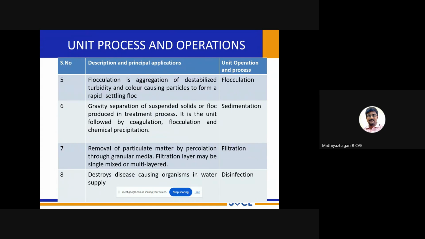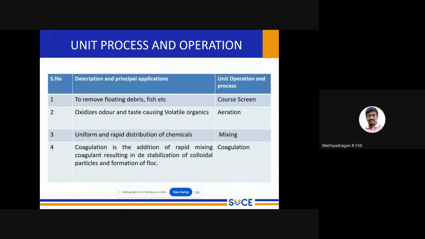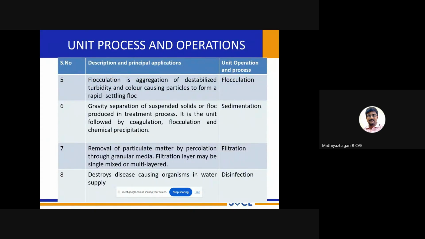Around 2 to 3 RPM, up to half an hour, we go for flocculation. For rapid mixing, that is for coagulation, we go for 100 to 200 RPM for 2 to 3 minutes.